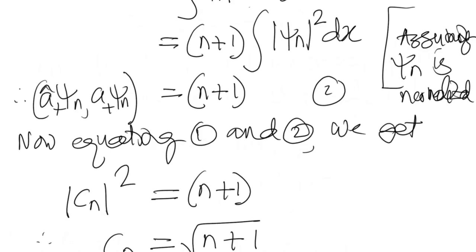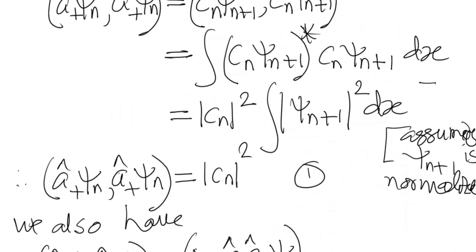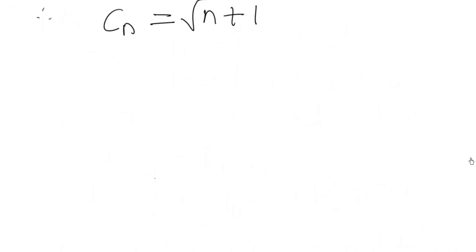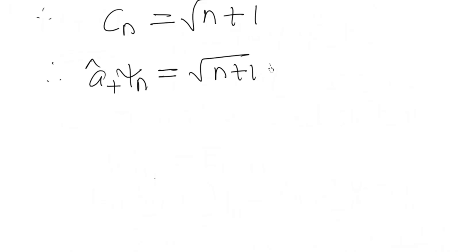Now if we put this value of Cn in this equation, then we can write down, therefore this is Cn, so it is square root of n plus 1 psi n plus 1.